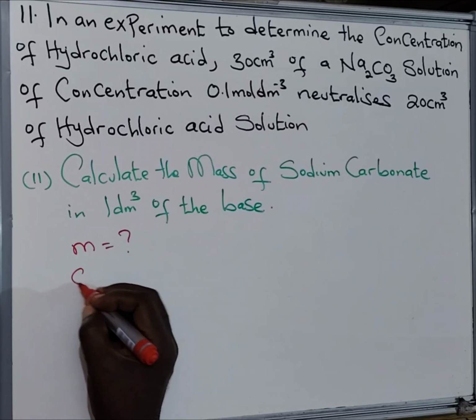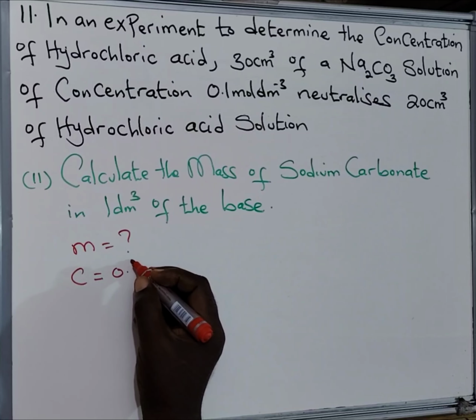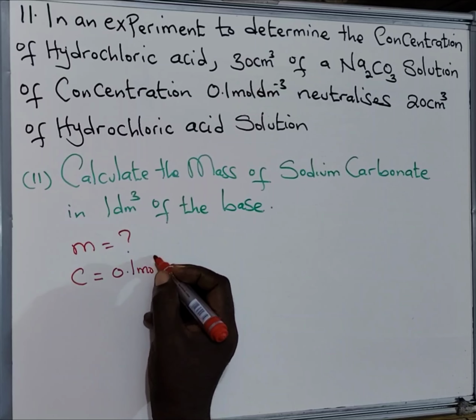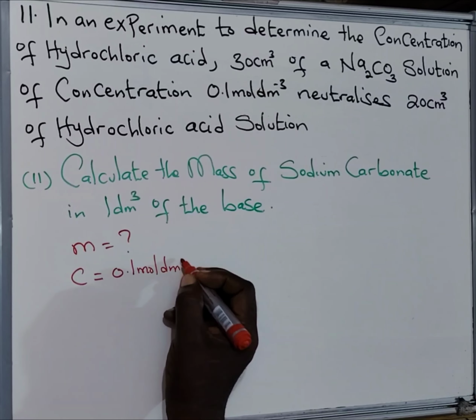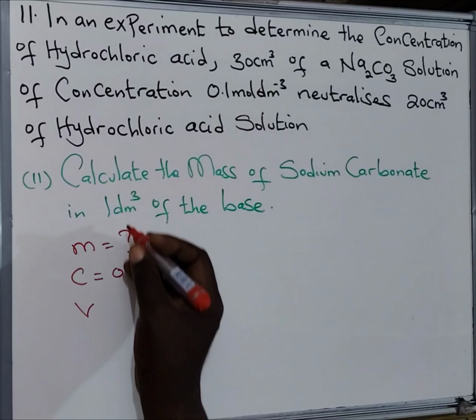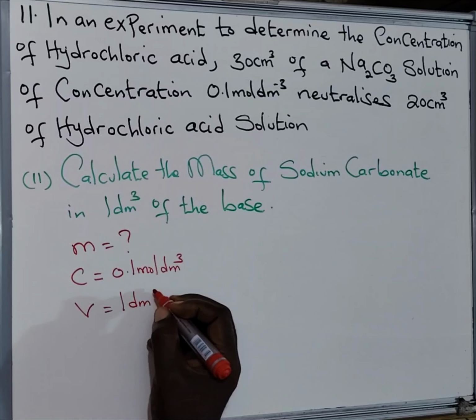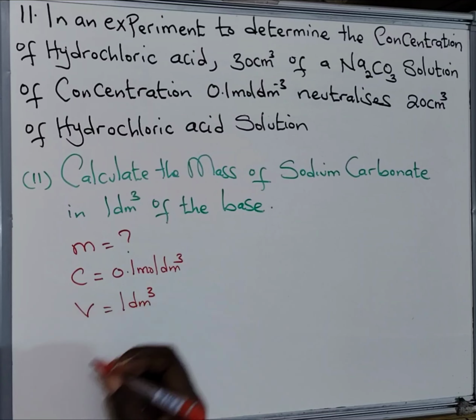We know concentration, which is 0.1 moles per cubic decimeter. What else do we know? We know the volume. The volume is 1 cubic decimeter.